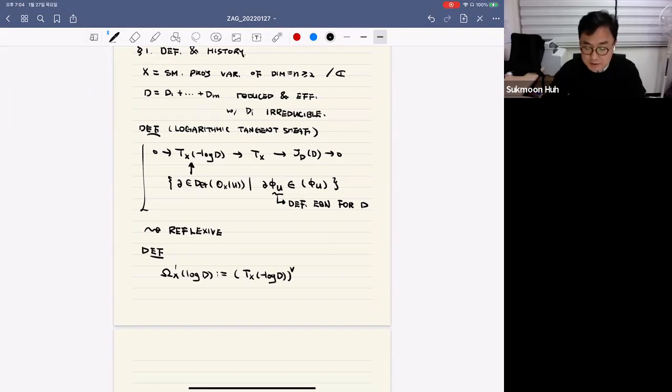So again, this is reflexive, and also on a surface, this is locally free. And I have to mention that this was originally introduced by Deligne for the case when the divisor has simple normal crossings, and later it was generalized to arbitrary reduced and effective divisors by Kyoji Saito.